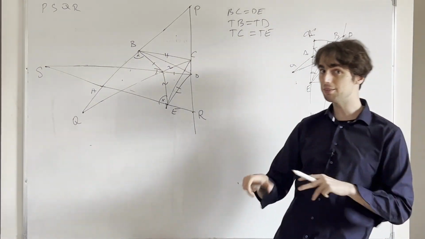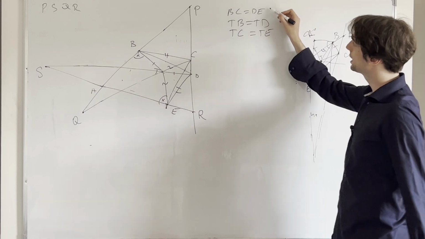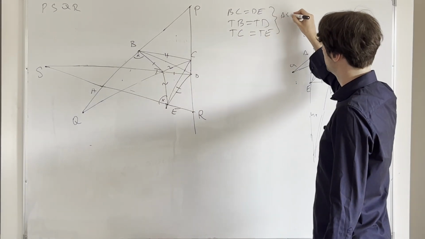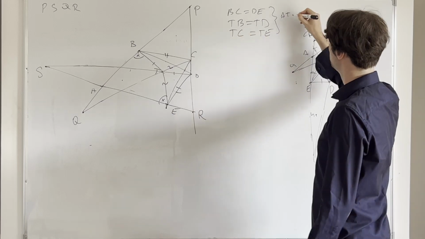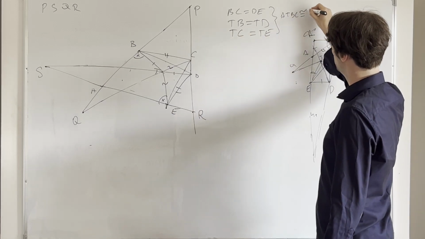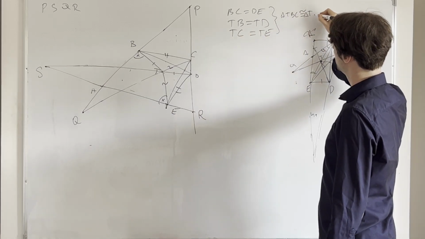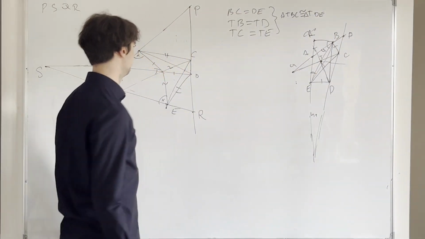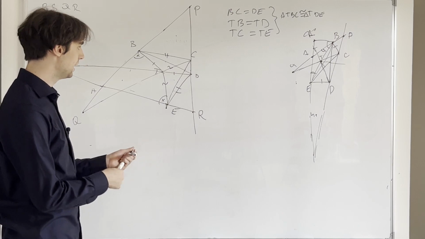Pause for 2 minutes if you haven't figured it out, and the answer is, it gives me that these two triangles are in fact congruent, like the triangle TBC is congruent to the triangle TDE. Okay, and this congruency is now going to give me some angles I did not have before.